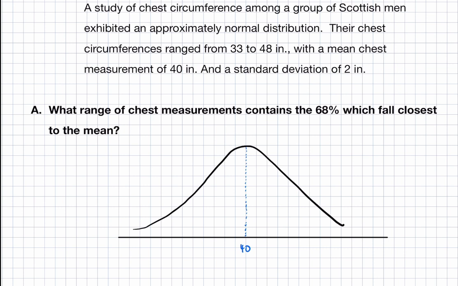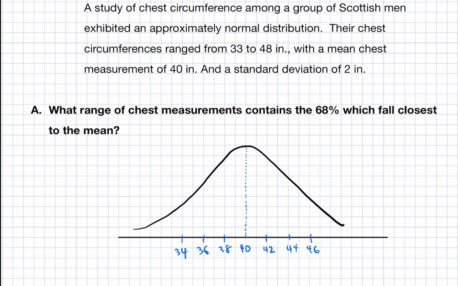So this will be 42, 44, 46, and then we're going to move 2 inches in the opposite direction. This will be 38, 36, and 34. Now we are here to determine what range of chest measurements contains 68%.